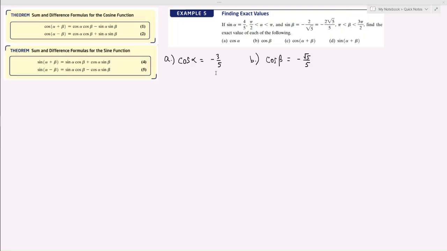Okay, for parts C and D, I've cleaned up a little bit here. So we just need to remember that the cosine of alpha is negative 3/5, cosine of beta is negative square root of 5 over 5. And they already gave us the signs, so we can use any one of our formulas. And part C is asking us for the sum formula for cosines.